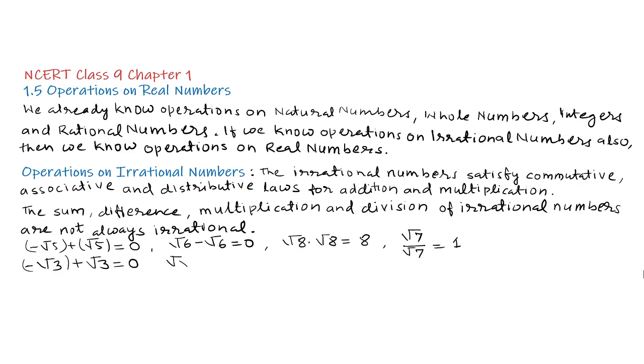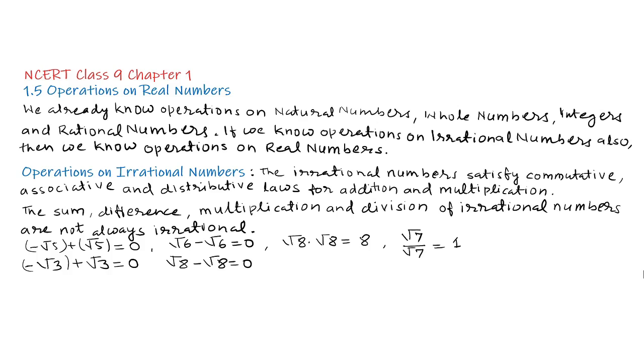Then root 8 minus root 8 equal to 0. That is, on subtraction of two irrational numbers, we are getting a rational number. So we may get or may not get a rational number.